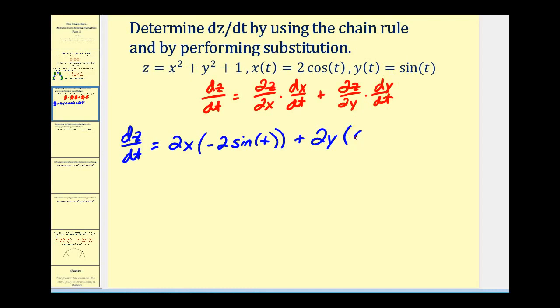Derivative of sine t would be cosine t. Now we want our derivative in terms of t, so let's go ahead and perform a substitution where we're going to replace x with 2 cosine t and replace y with sine t.